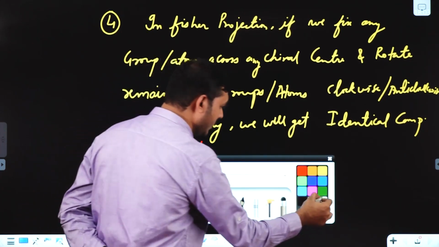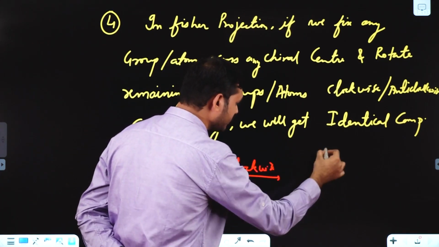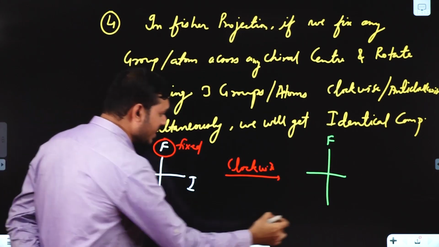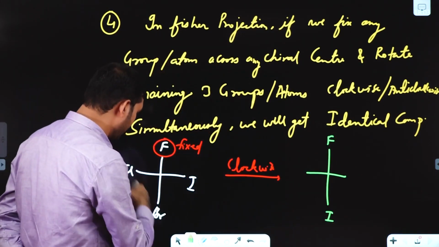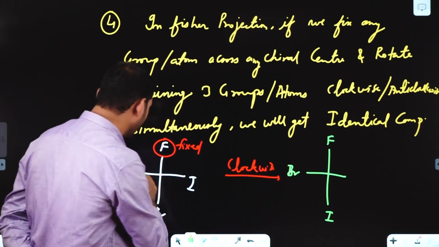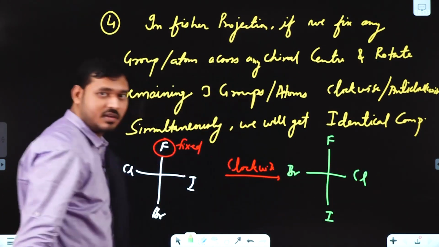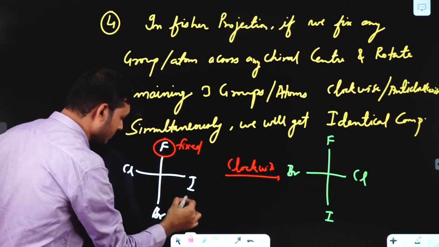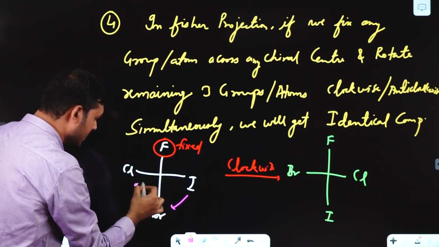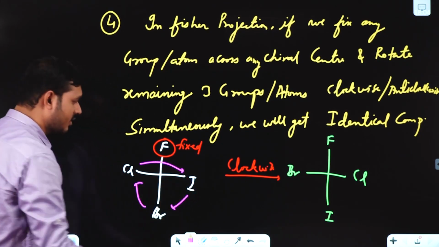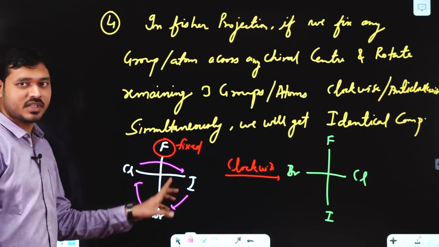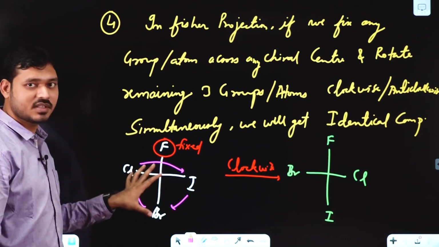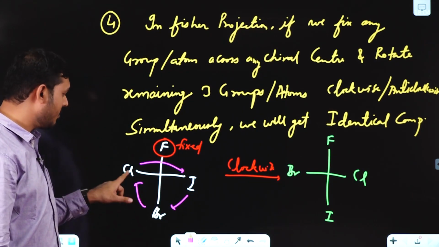Fluorine was fixed, iodine comes here, bromine comes this side and chlorine comes this side. See, this is simply your clockwise rotation. Freezing one part, rotate clockwise once, simultaneously. Iodine here, bromine here, chlorine here.